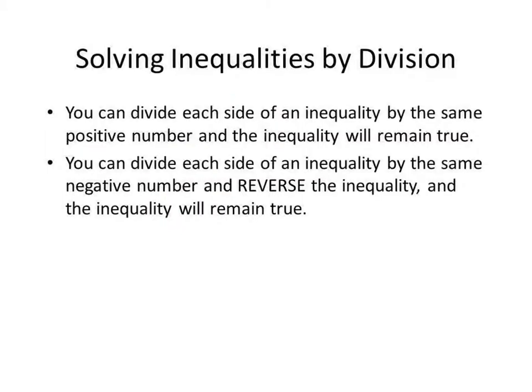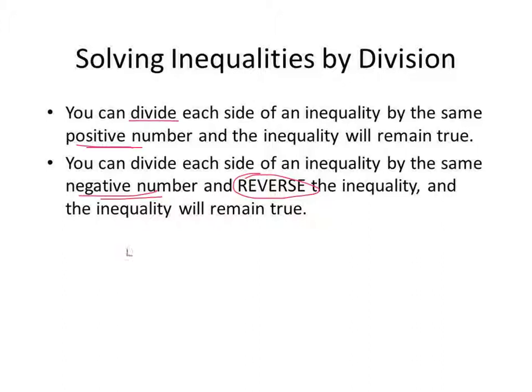All right, so far all of our examples have involved multiplying both sides, but you might occasionally have to divide both sides. So 2 properties for dividing both sides. You can divide both sides of an inequality by the same positive number and you're fine. But again, if you divide by a negative number, you must reverse that inequality.